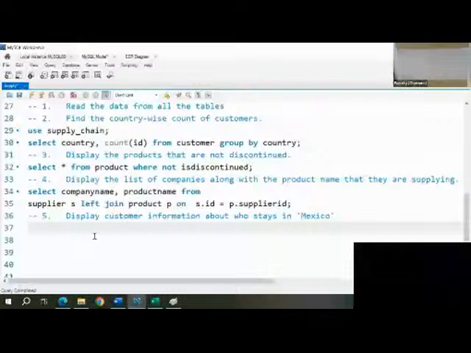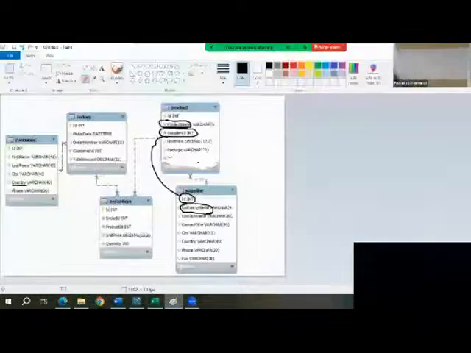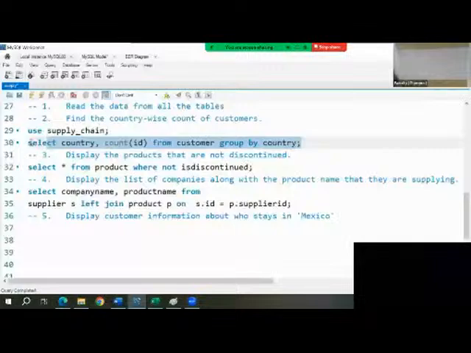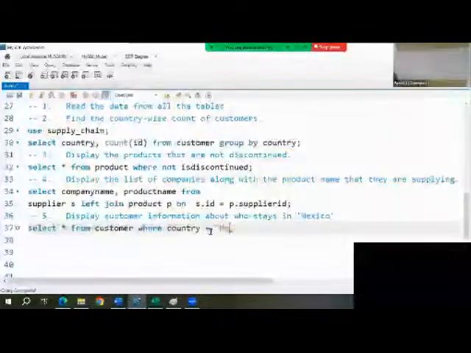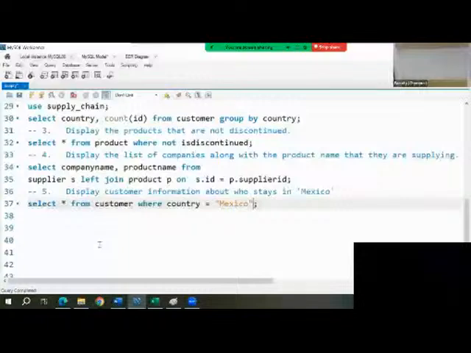And clear your doubts. What is it? Select country from customer or select all from customer. That's all.